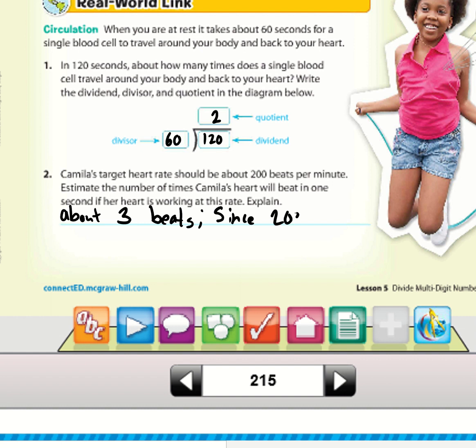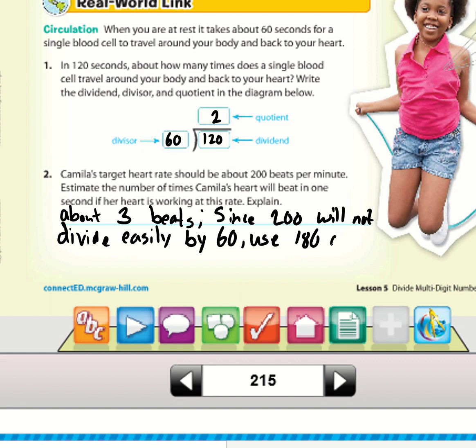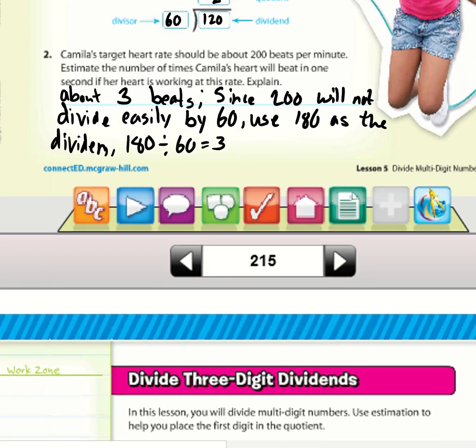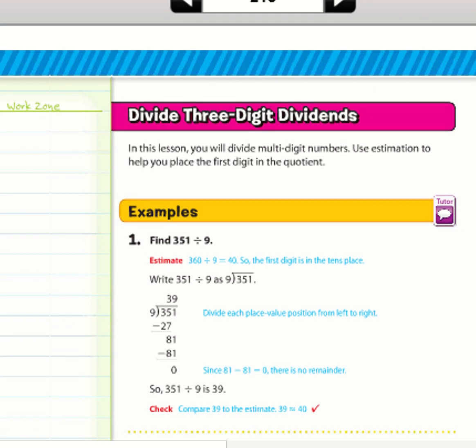Since 200 will not divide easily by 60, use 180 as the dividend. So by estimating, we know 180 divided by 60 equals 3. And 180 is close to 200, so that's why we used 180.